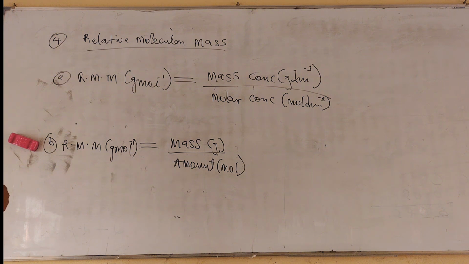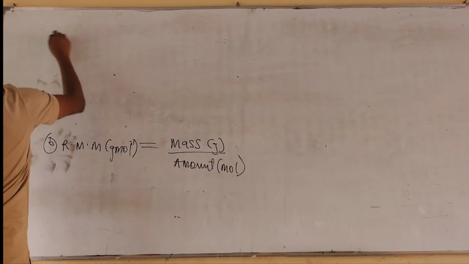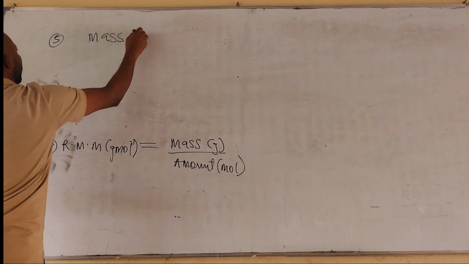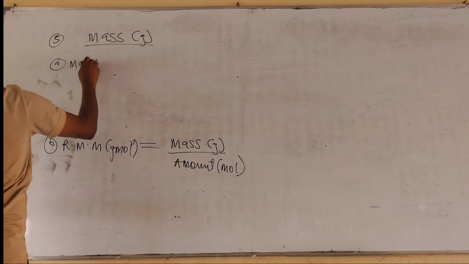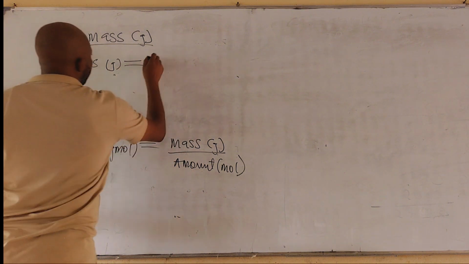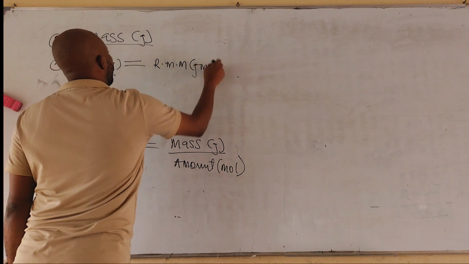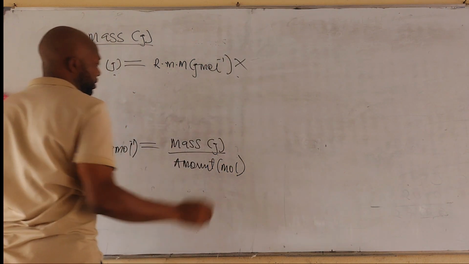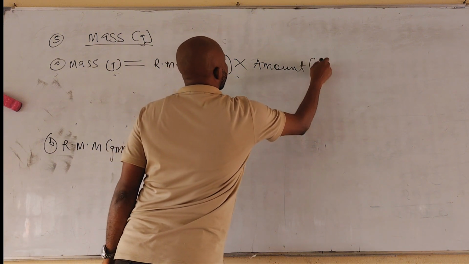Okay, let's move on to formulas for mass. This is 4. Let's look at the fifth formula, which is mass in gram. A, mass in gram is equal to relative molecular mass in g/mole times amount in mole.